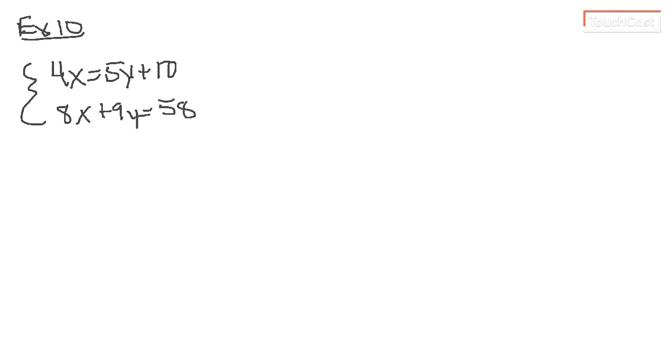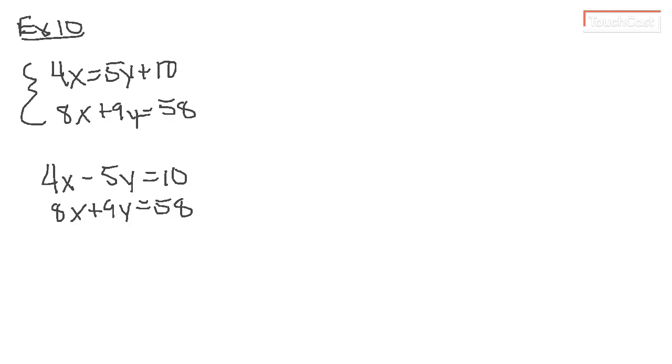So the first thing we need to do is align the equations. So I'm going to subtract 5y in the first one. We're going to get 4x minus 5y equals 10, and then we're going to bring back down 8x plus 9y equals 58.